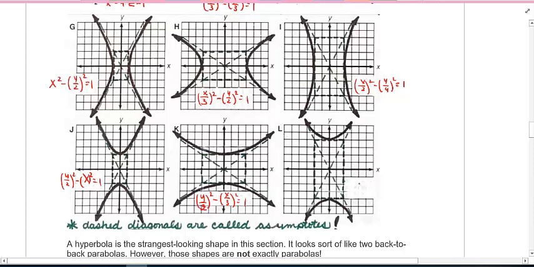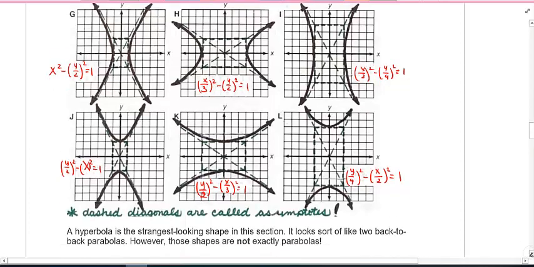Oops! y first. Good. And once again, those dashed diagonals are called the asymptotes.